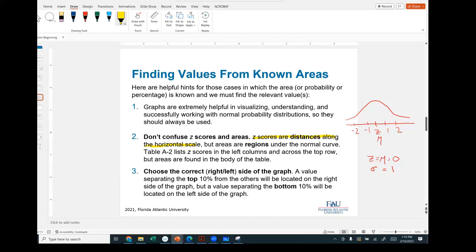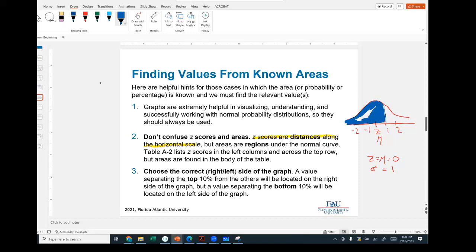But areas, so for example, if I wanted to know the probability that my value is less than or equal to 1, then it might be too dark, let's see. Then I would highlight all this. This is my area from all the way to the left to the value that I picked for my z-score.